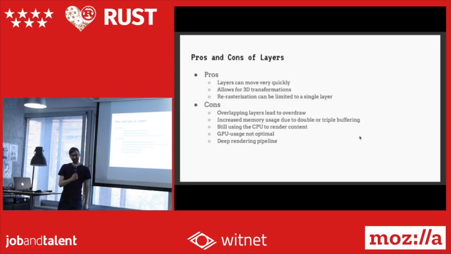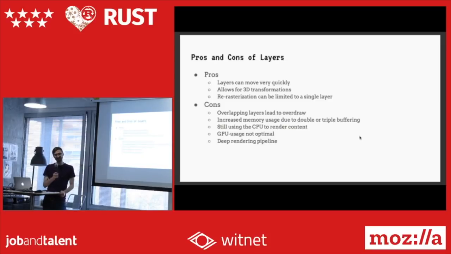There are some problems. Before I said that these layers actually overlap, which means that you have, I don't know, a 4K screen. It has many, many pixels, and it's really hard to write all of them. Now imagine writing all of them multiple times.